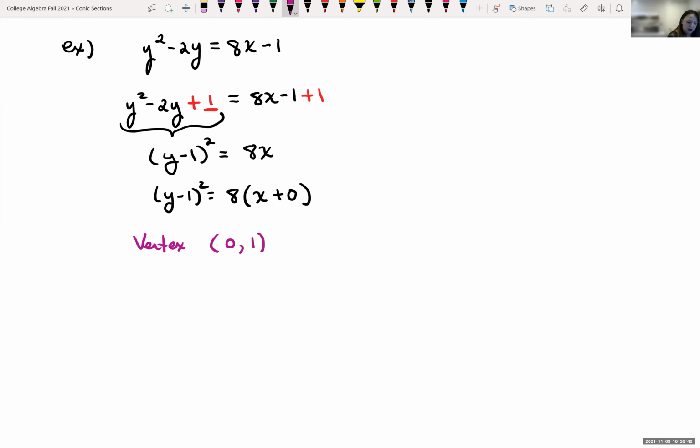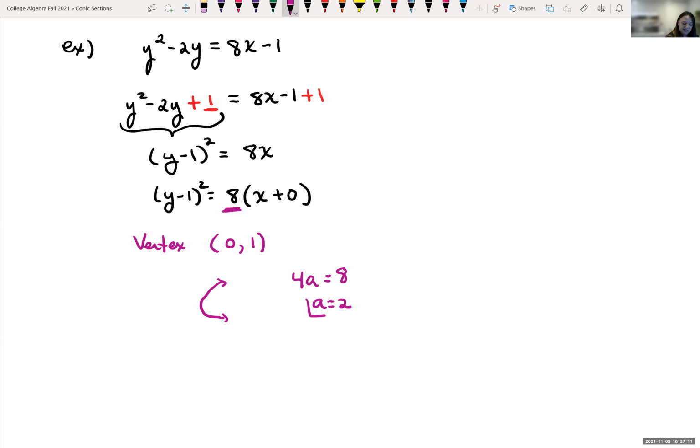I notice that this is positive in front of that parentheses, so I know that my parabola is going to be facing towards the right. I need to figure out what a is, and I know that 4a in this case is equal to this 8. So if I divide by 4, I know my a value is 2.